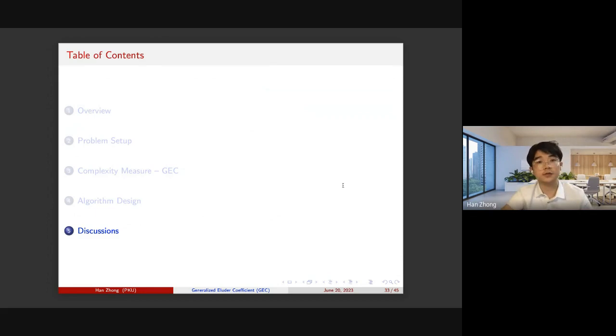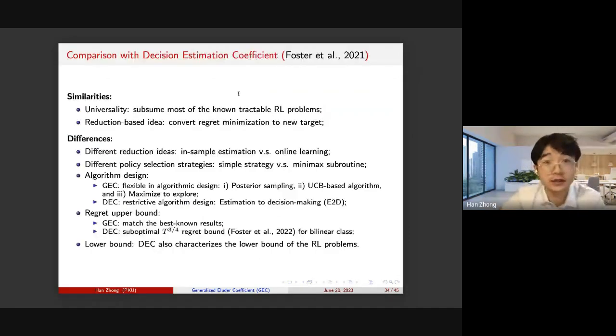So this is all. I want to make a comparison with the decision estimation coefficient, which is proposed by Foster et al. Both GEC and DEC capture most of the tractable RL problems.